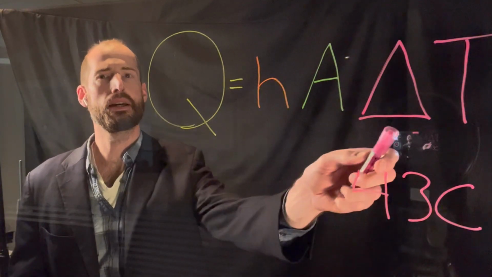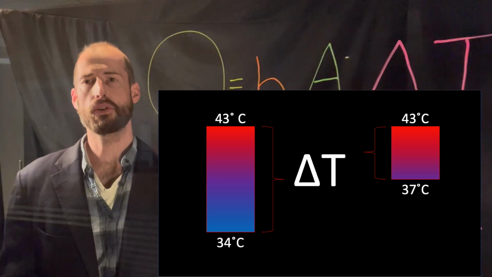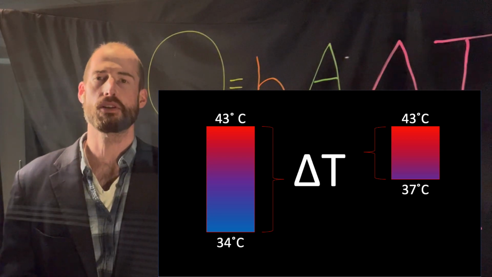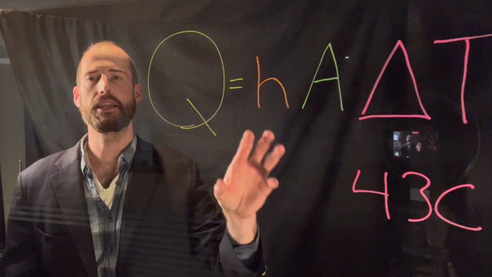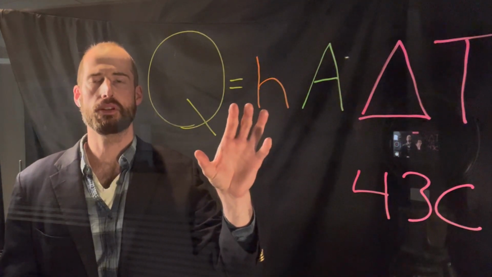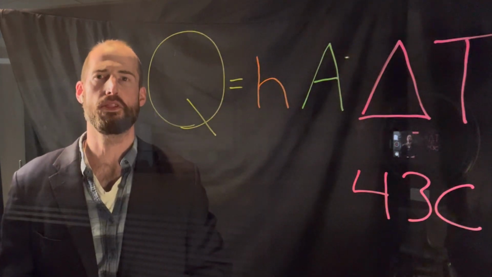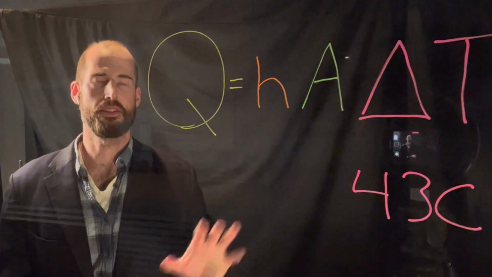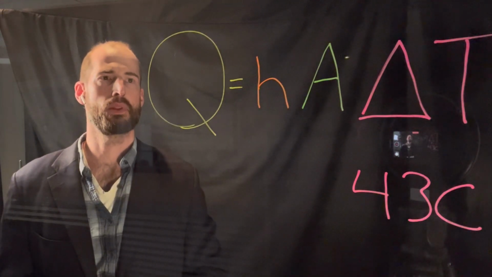Now, interestingly, delta T actually decreases as you rewarm the patient, and therefore its effect on heat flow is actually lessened with effective patient warming, but that's sort of a bit of nuance.